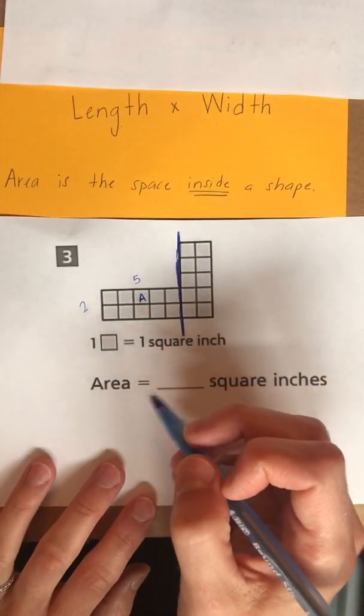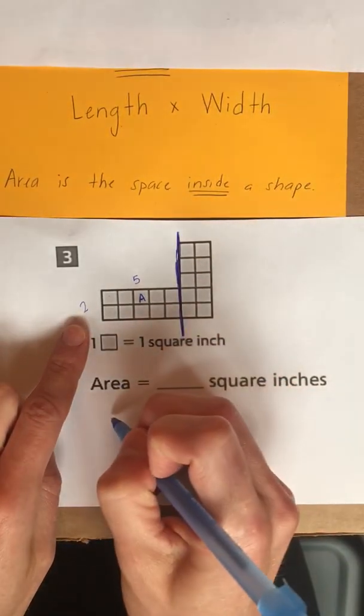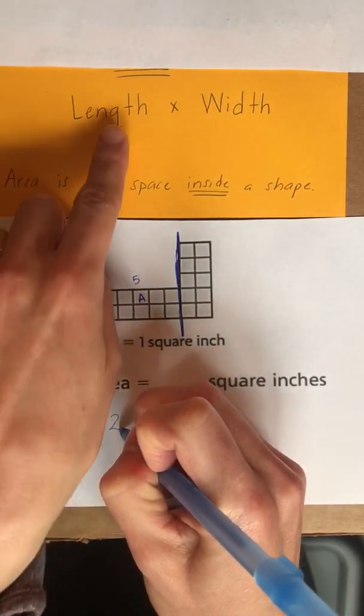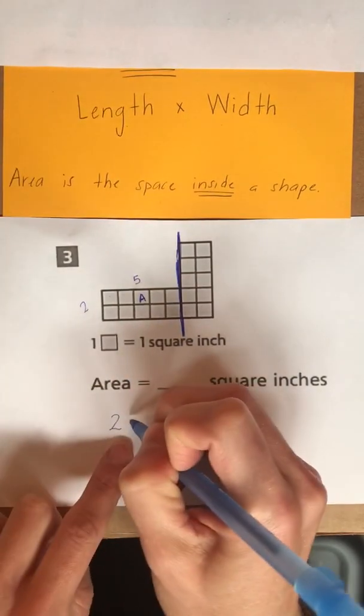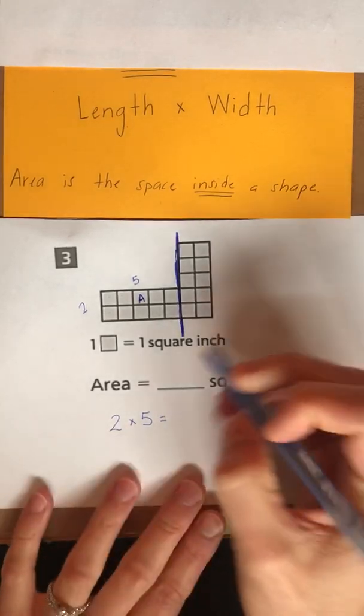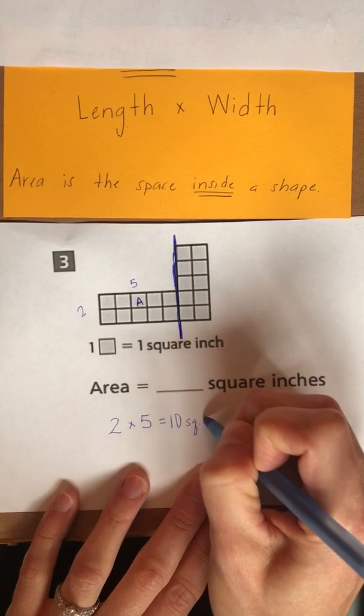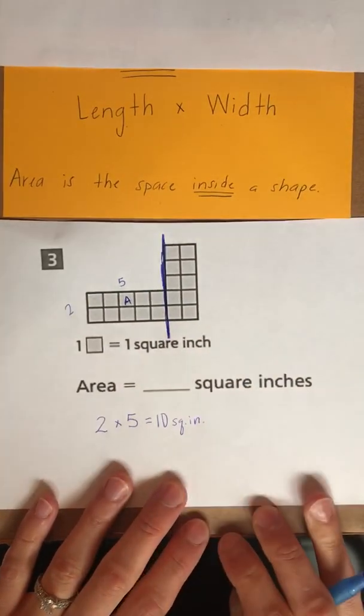Okay, friends, great job. So you should have told me that the length of A was 2, and you multiplied the length times the width, so 2 times 5 equals, very good, 10, and it's going to be square inches. You can just write IN for inches.